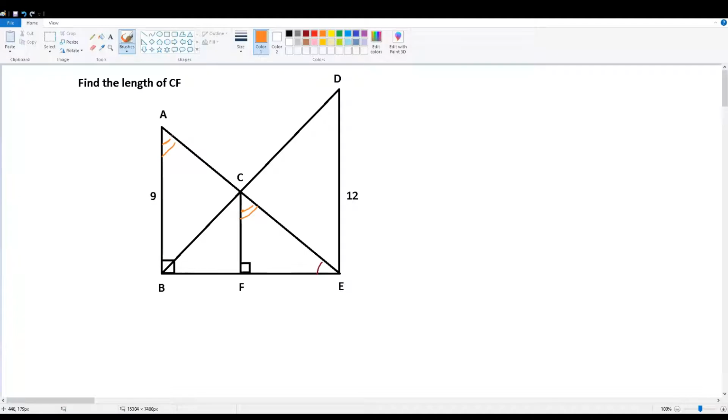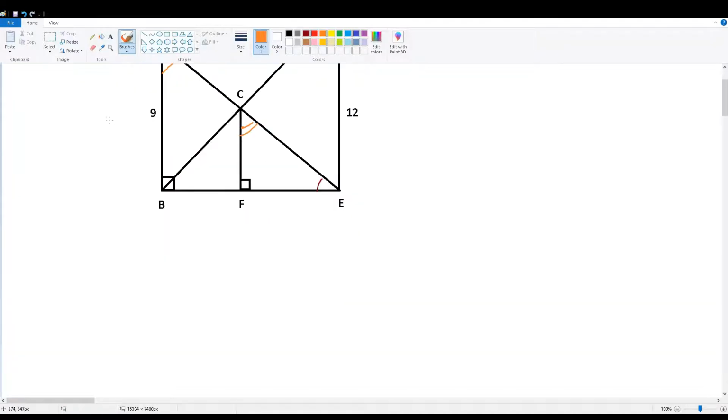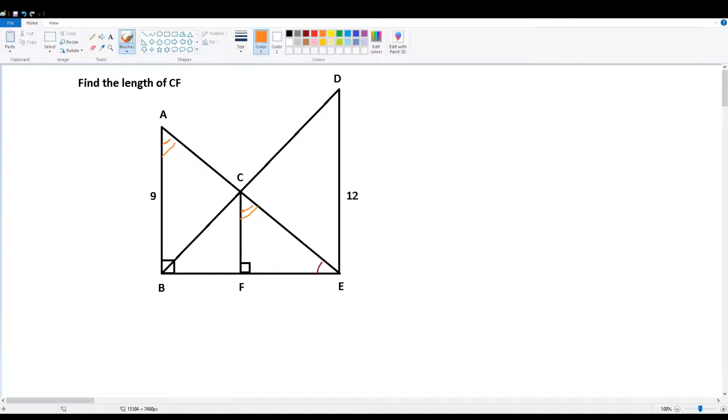Okay, so now that we've established similarity, let's just write it down and get it out of the way. Let's color code this. Triangle CFE is similar to triangle ABE.